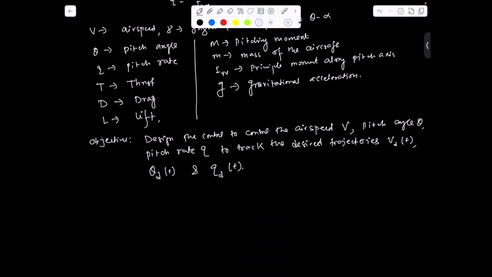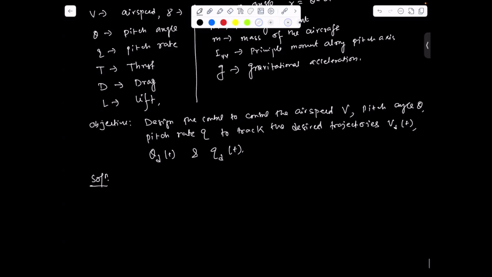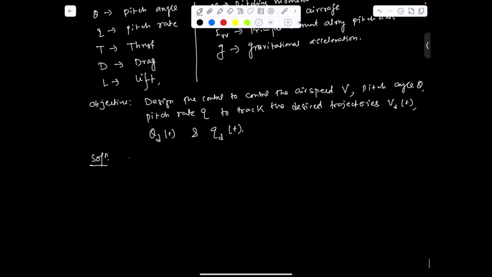The solution: we are assuming for simplicity, this is just an assumption to make the problem simpler. Otherwise, you can go with the equation as it is.